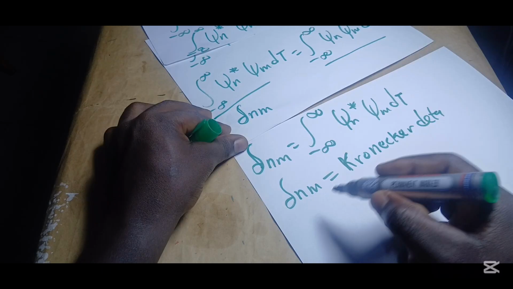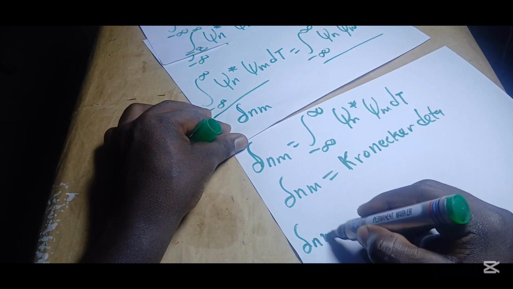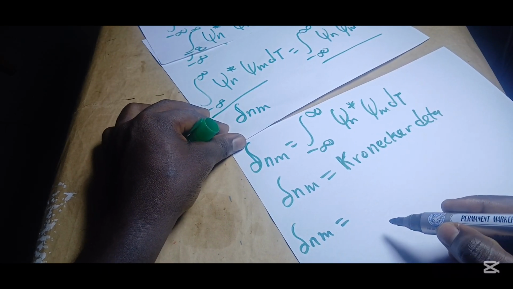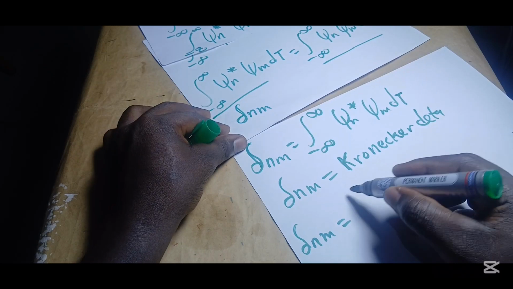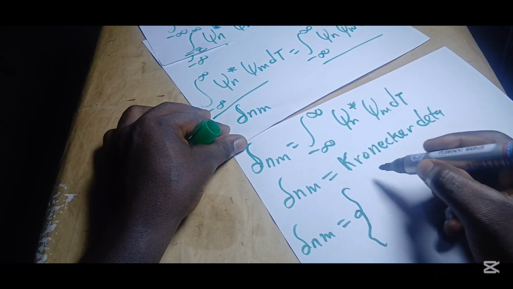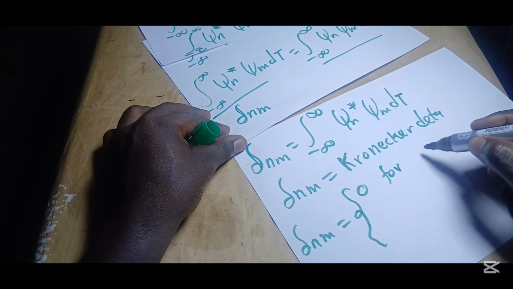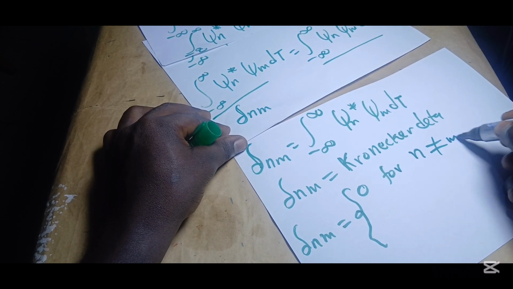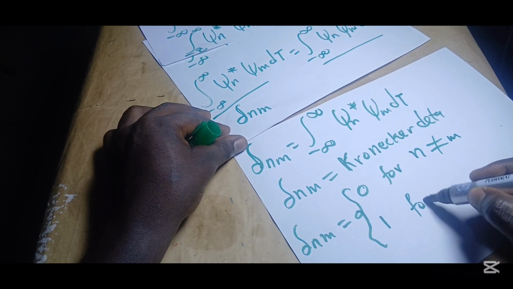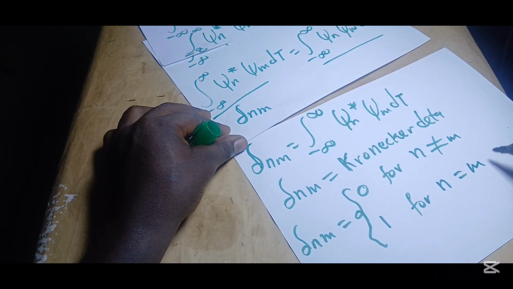And it is defined as delta nm equal to 0 for n not equal to m, and 1 for n equal to m.